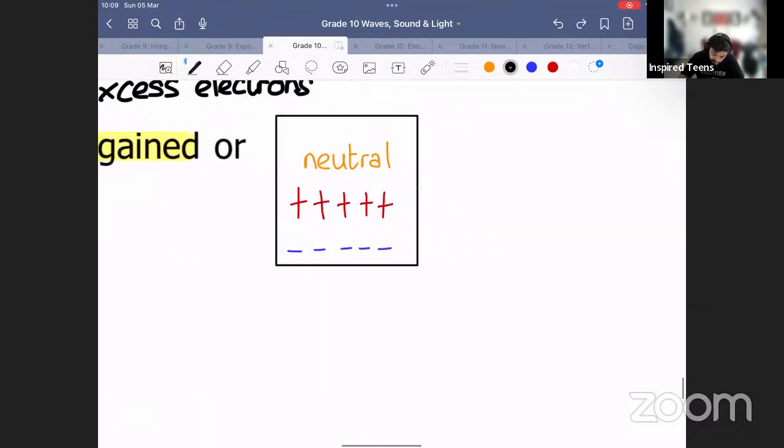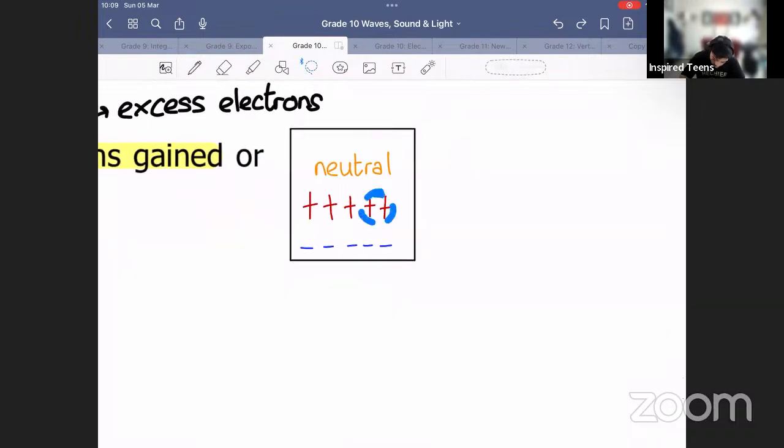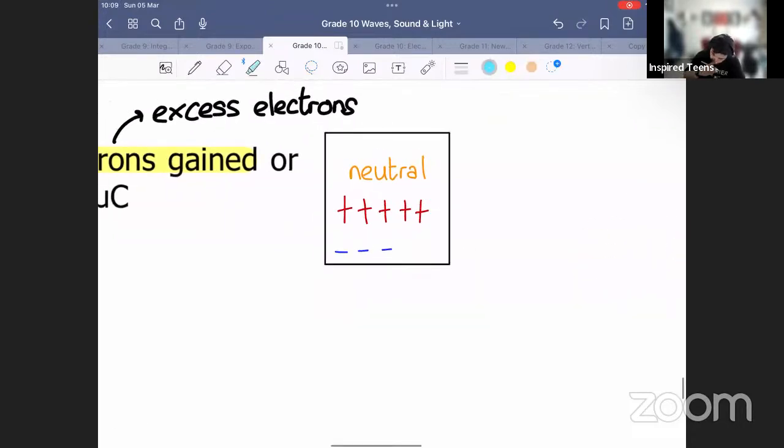Now if we remove electrons, we can see now that, let's just say here, we have what we call a positive 2 coulomb charge. Why positive 2? Because we have 2 excess protons. So it's charged positively by a magnitude of 2.